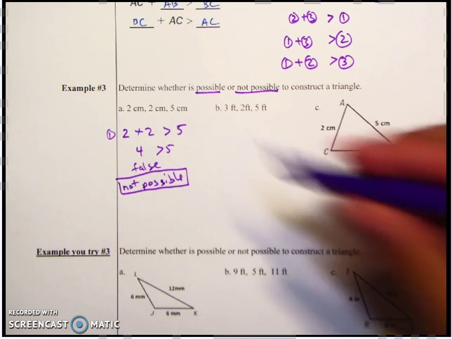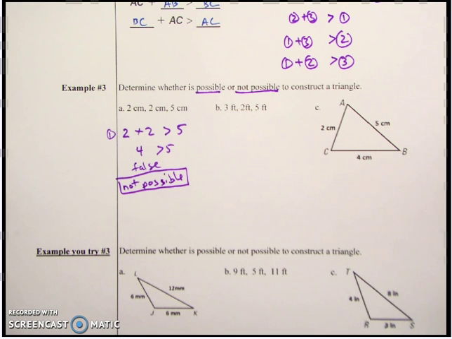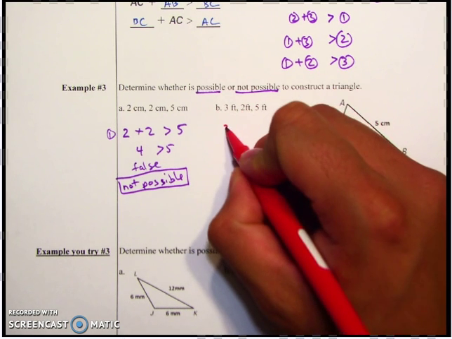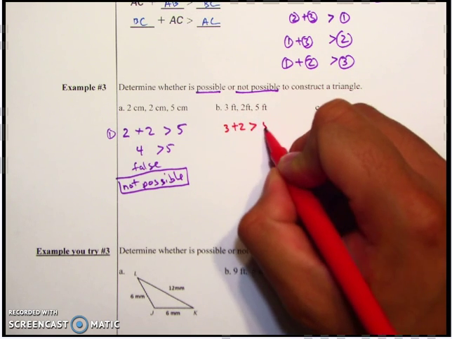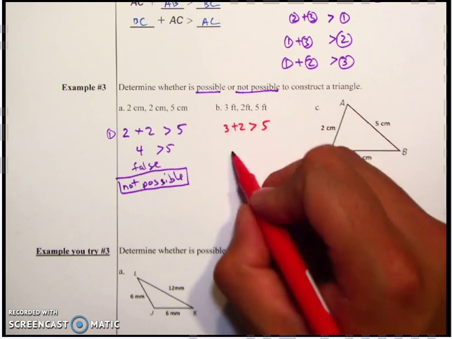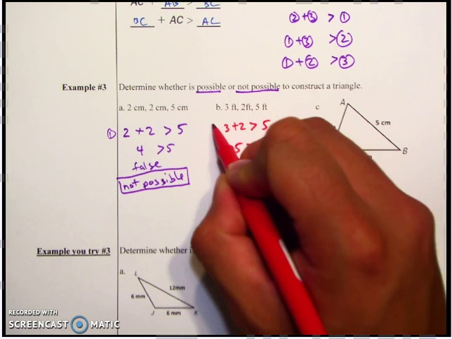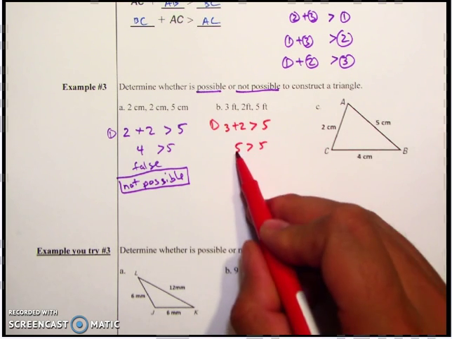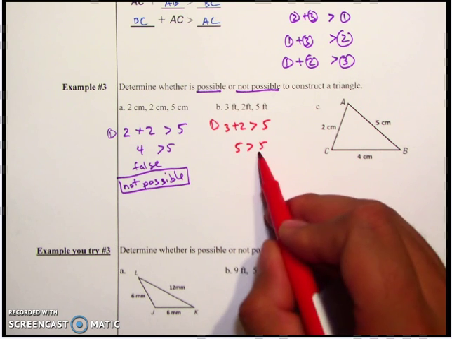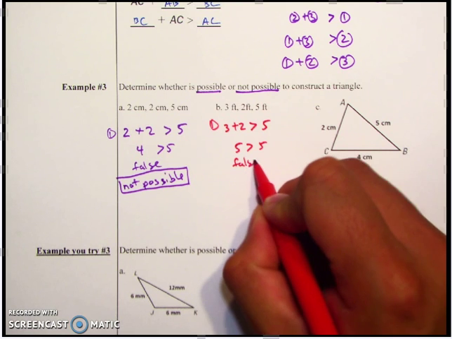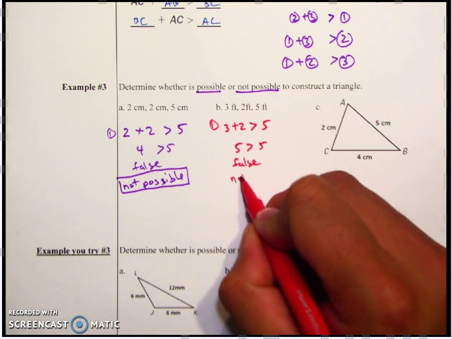Let's try it again. Let's try B. Let's add these 2 sides, see what happens. 3 plus 2 has to be bigger than the third side, which is 5. 3 plus 2 is 5. See that? But is this bigger? They're equal, but they're not bigger. So this is false. Okay? So here's not possible.